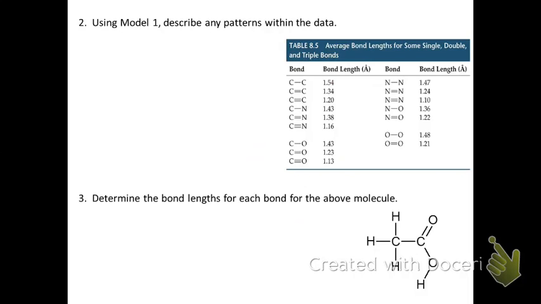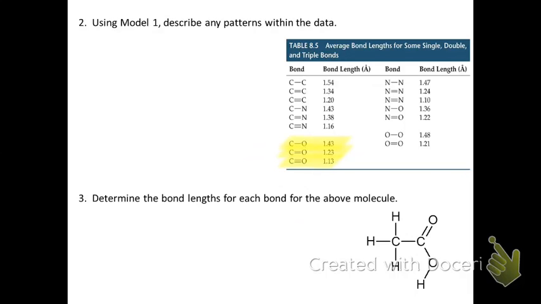Alright, so on this, we're going to use this table here, table 8.5, that shows bond lengths to answer some basic questions here. What I want you to do is focus on an important pattern. If we look at the length of this carbon-oxygen triple bond and carbon-oxygen double bond and single bond here, you should notice that the more bonds that exist between two atoms, the shorter the bond length.